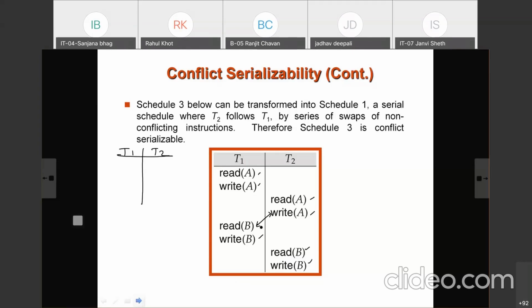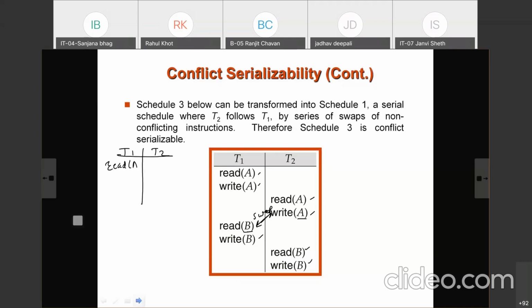If these two consecutive instructions operate on different data items, we can easily swap. Here it performs write on A, here it performs read on B. So two different data items are there, and we can easily swap these instructions. Correct? Is it clear? So I write it here.